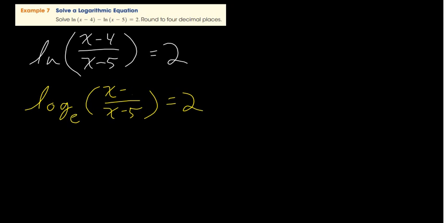It's just a log with a base of e. And with that said, hopefully it becomes abundantly clear that if I want to turn this into exponential, then this is the same thing as saying e squared is equal to x minus 4 over x minus 5. Okay. That's the best way I can explain it, and I think that's pretty good. Right. So anyways, moving on.